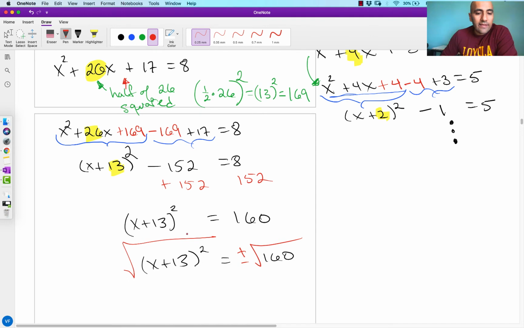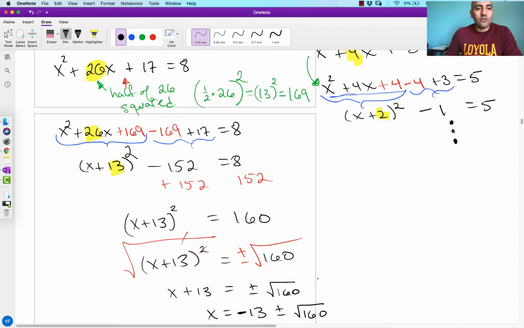On the left-hand side, these two operations undo each other, and I'll just be left with x plus 13 equals plus or minus root 160. And then finally, I just subtract 13, and I get that x equals negative 13 plus or minus root 160. Right, so those are my two solutions to this equation.